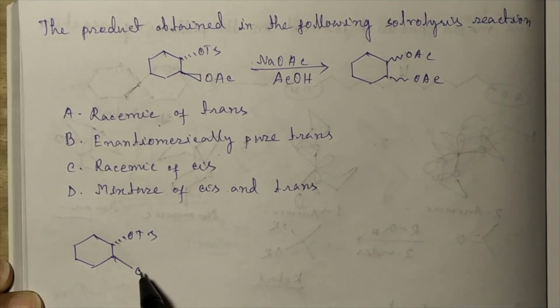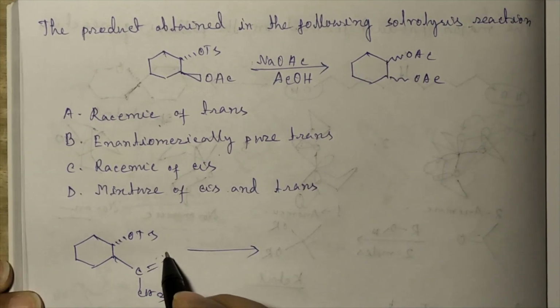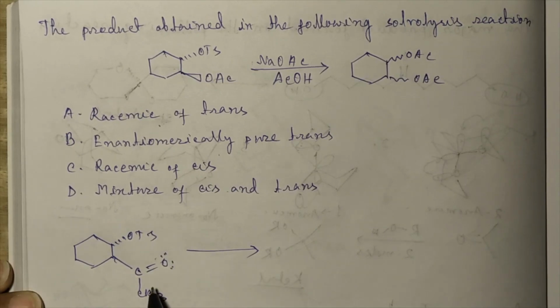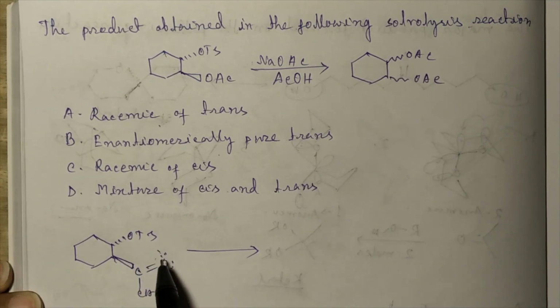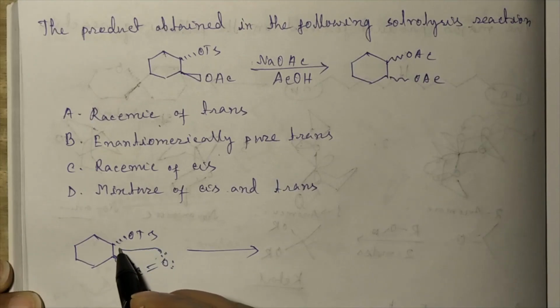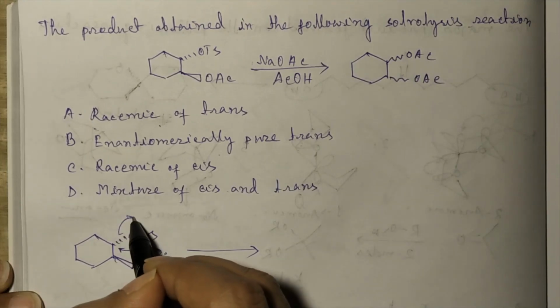Here, this lone pair of electrons on oxygen assists the departure of this tosylate. As this is above the plane, it will attack from above the plane and the tosylate will leave.